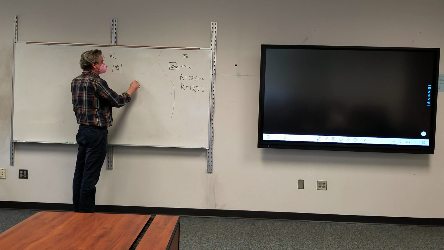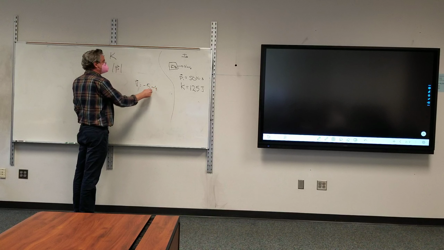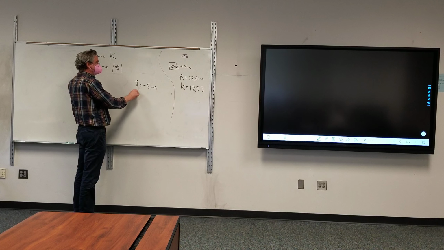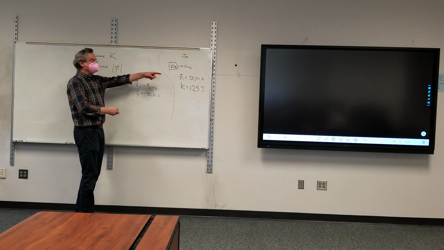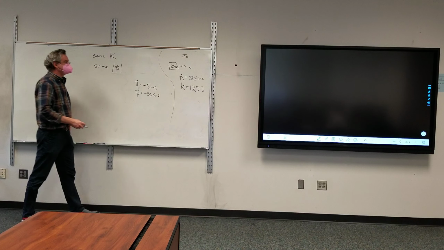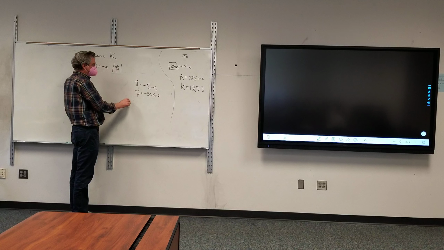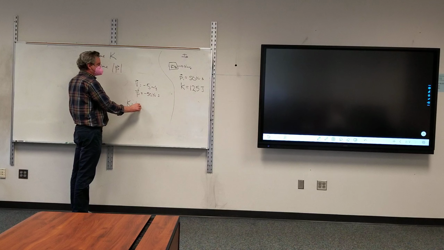So if the velocity is -5 meters per second, my momentum will be -50 Newton seconds. So they have the same magnitude, so that's taken care of. And kinetic energy is 1/2 mv squared.